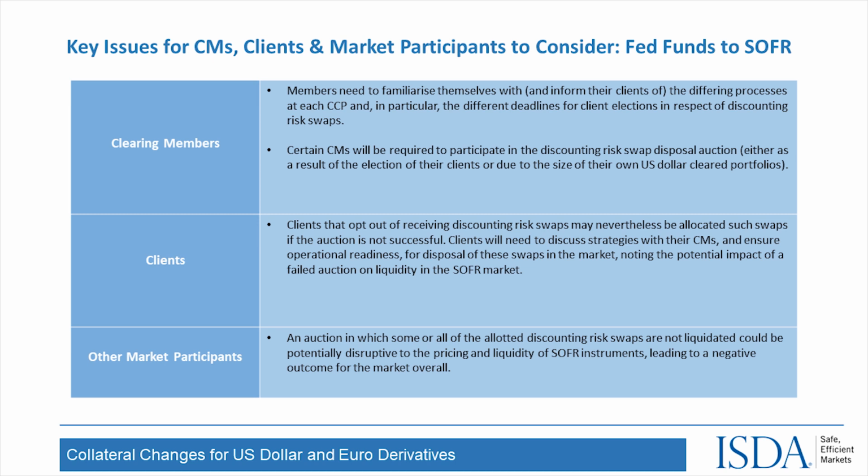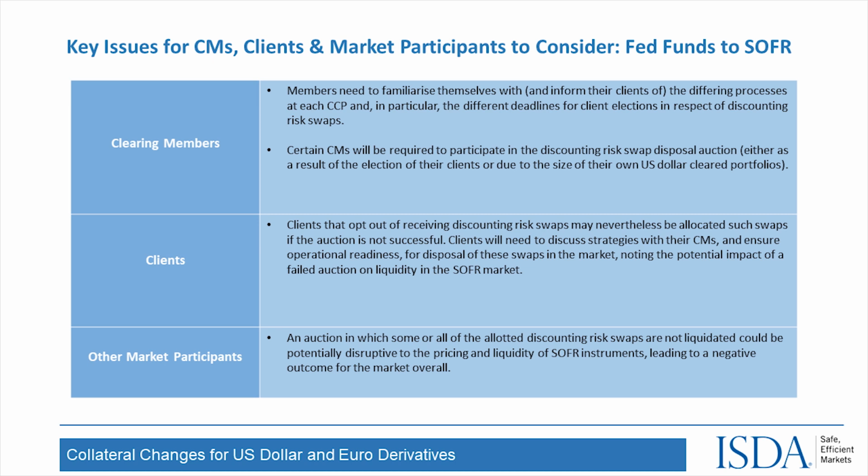And it's worth noting at that point the impact that a failed auction may have on the SOFR market as a whole. Which brings me on to the consideration for market participants as a whole, which is the impact of an auction not being entirely successful.